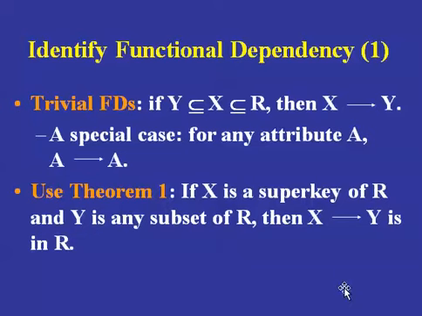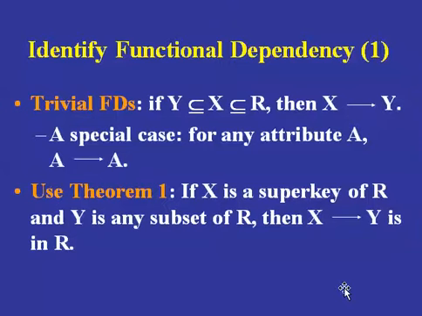Hi, in this tutorial we will continue with our study of functional dependencies. Now we will check on the ways that we identify functional dependencies. So there are basically four ways. One is the trivial functional dependencies.